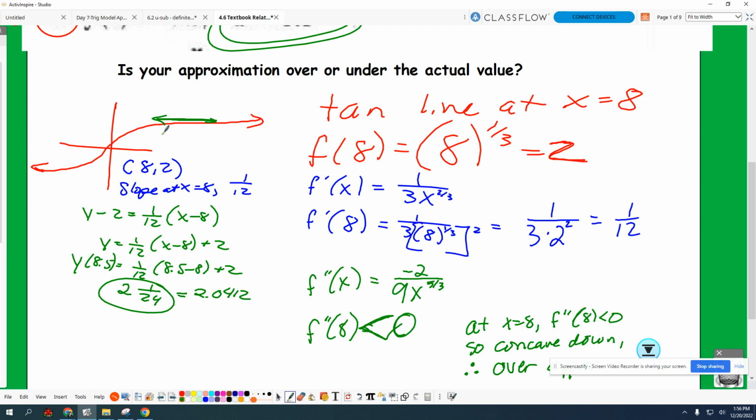You have to do a number line and check both sides of a, or what? What you're asking about is critical points. Is 8 a critical point? What's the definition of a critical point? Where the first derivative is 0 or undefined.